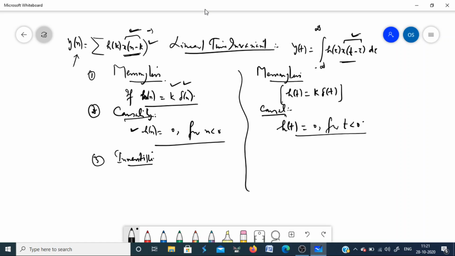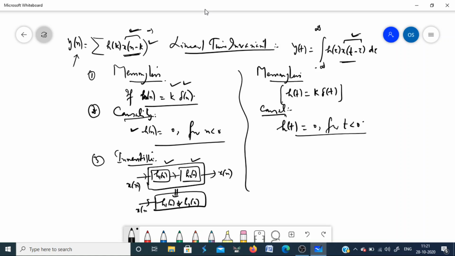And the third was invertibility. For that, we have considered two systems h1[n] and h2[n]. If they are invertible, it means if you apply input x[n] here, you get the same output here. Since h1 and h2 are in cascade, their impulse response is nothing but the convolution of the two responses.